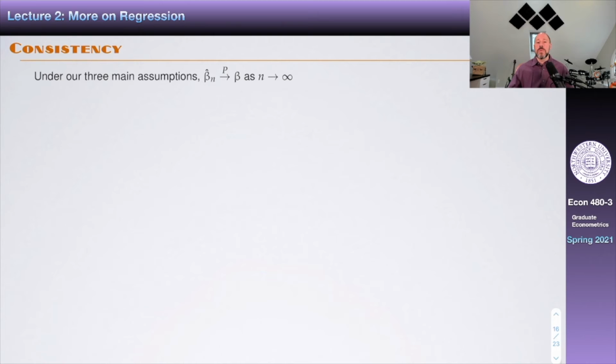So you work with asymptotics, and the hope is that if your asymptotic tools are appropriate and you have a large enough sample size, then the finite sample properties of your estimators are well approximated by the lessons from the asymptotic theory.